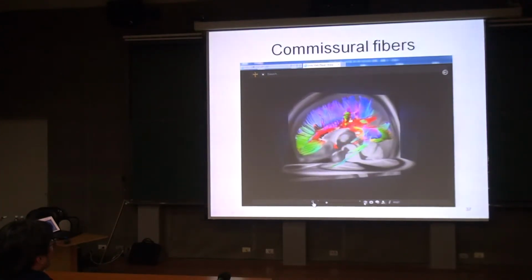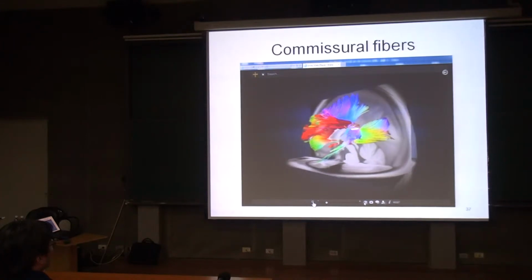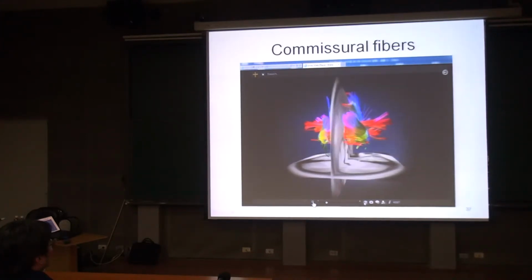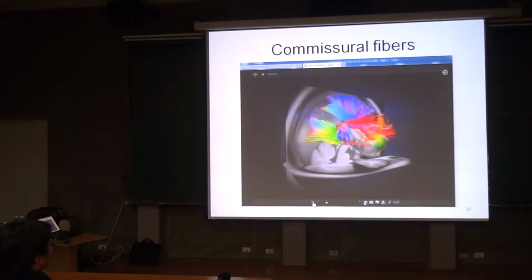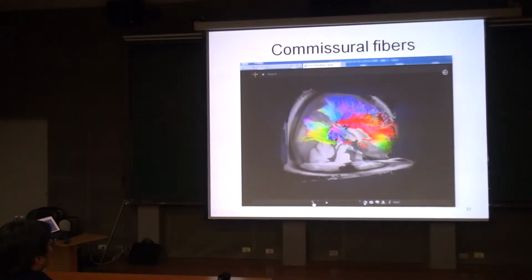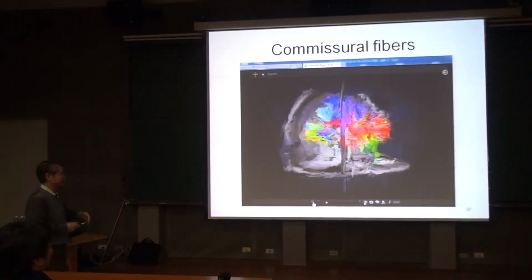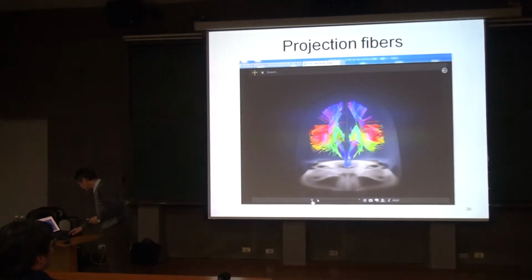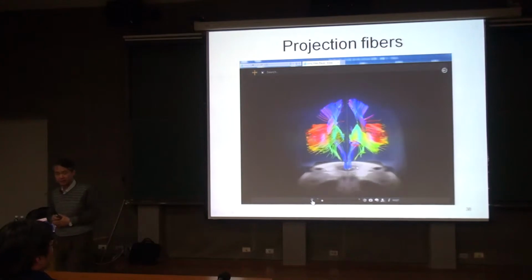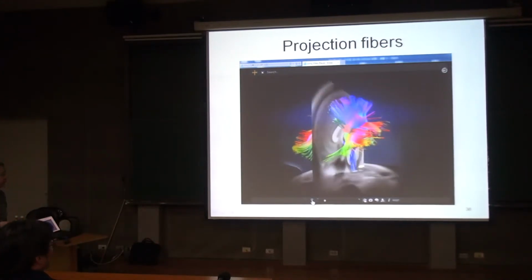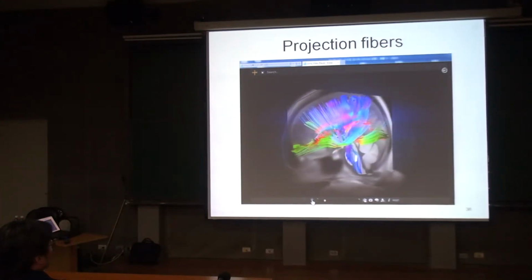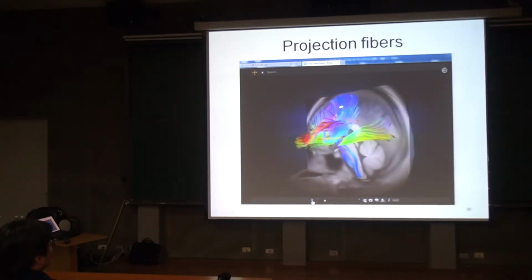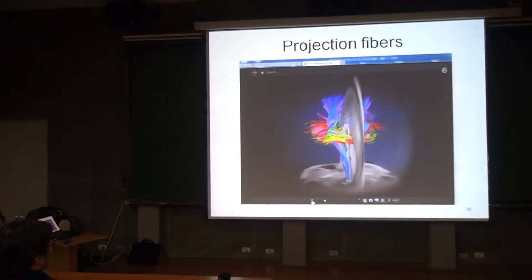These fibers are going left and right, connecting two hemispheres of the brain. 电脑有点慢，所以到这边就卡住了，然后变得很难看。And this is the third system, projection fibers. These fibers are all going up and down from the brain to the body.